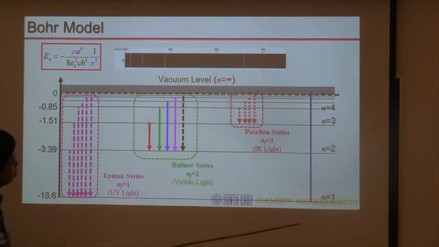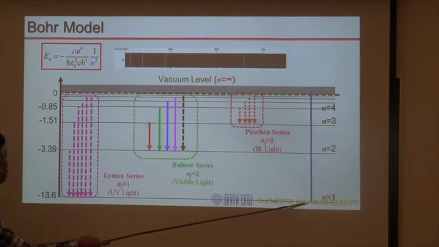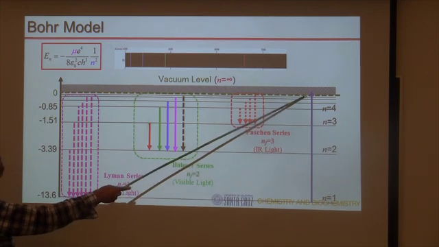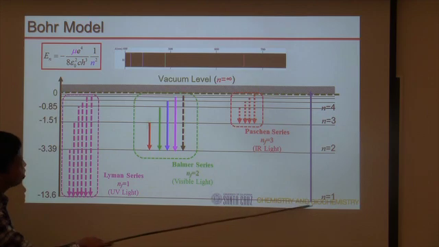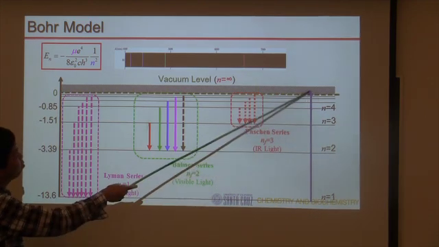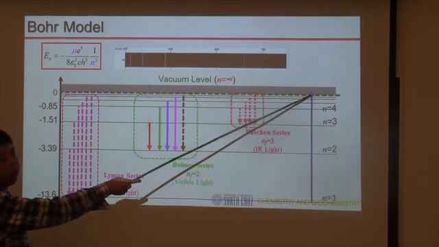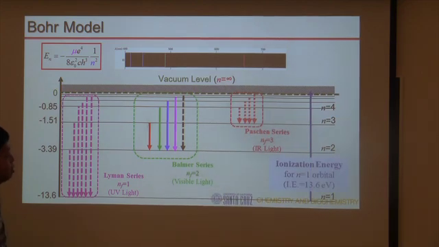So the energy which you need to promote, let's say, the n equals 1 electron to just the vacuum level, the energy gap you can calculate. This is called the ionization energy for n equals 1. As you can see, we have different ionization energy for different orbitals.